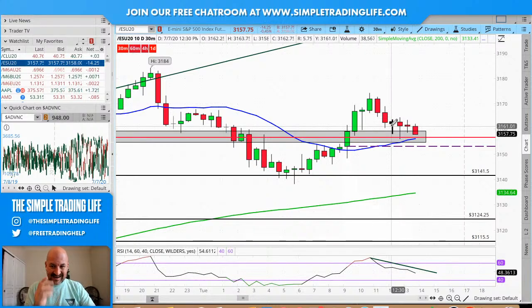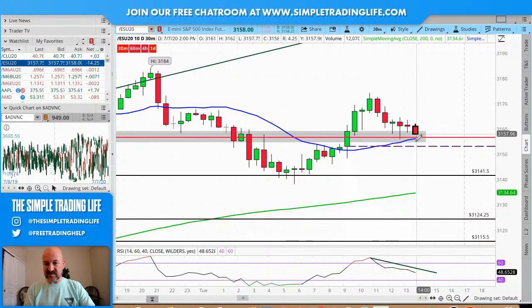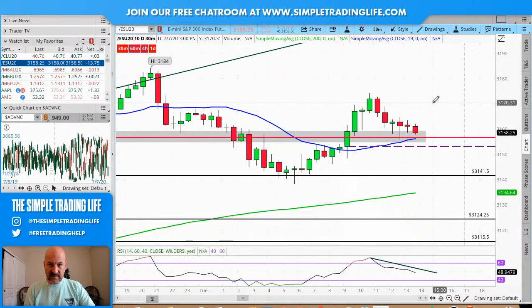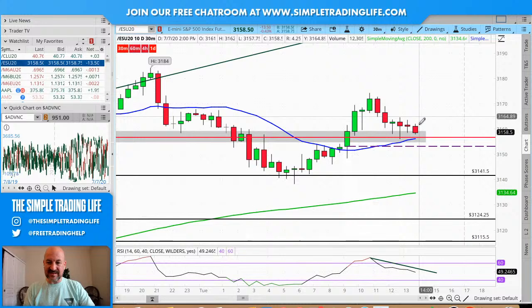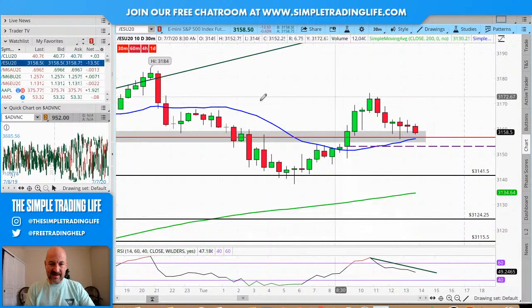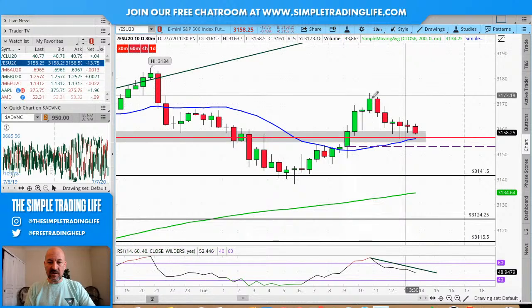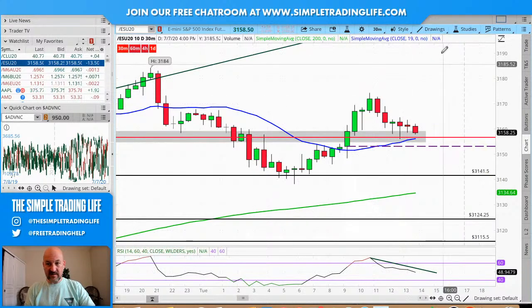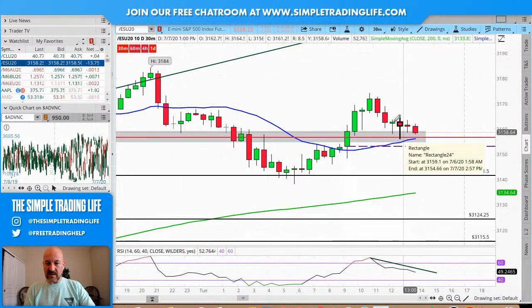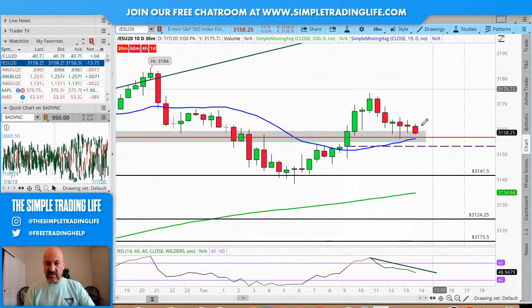If, and this is only an if, right? Because if this goes through and keeps going lower, we will not complete the cup and handle. But if we complete the cup and handle, what typically happens is the next time it comes back to test this level, it will break through and go higher, forming a J-hook. Those in the room know the J-hook pattern.